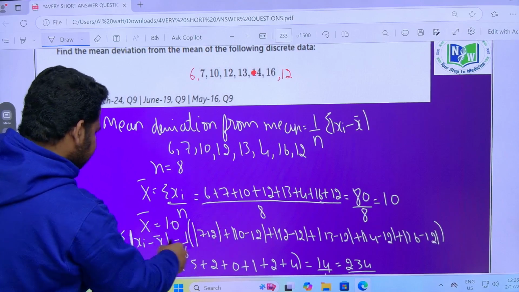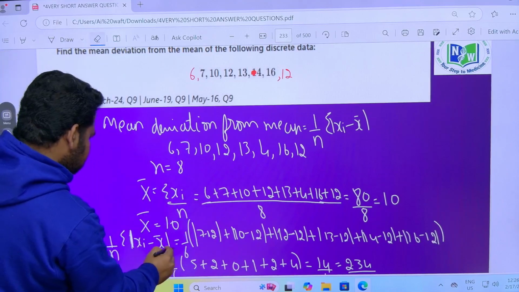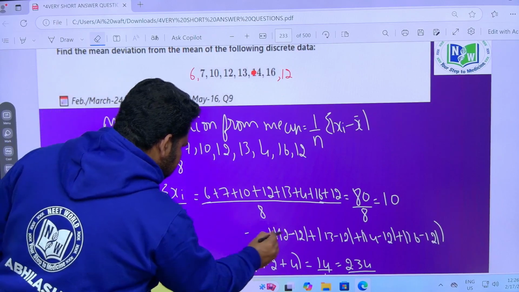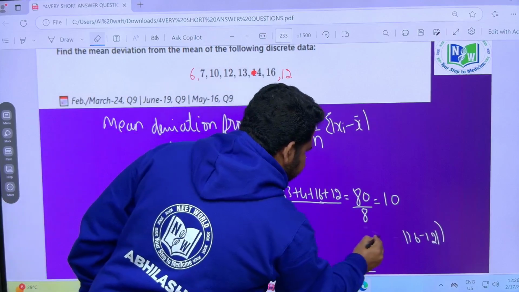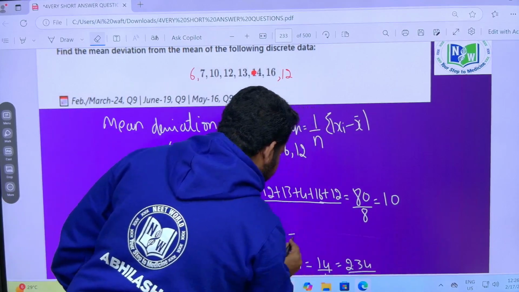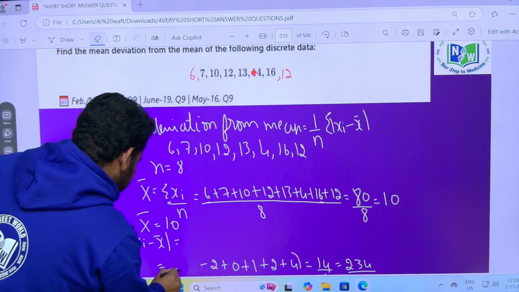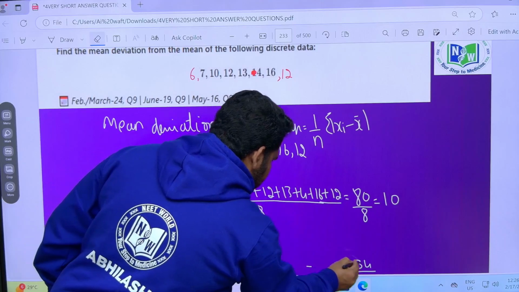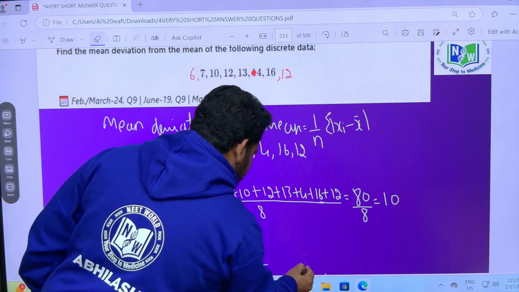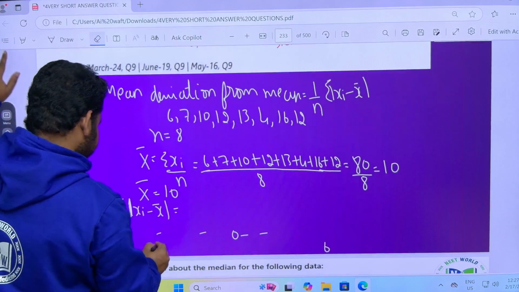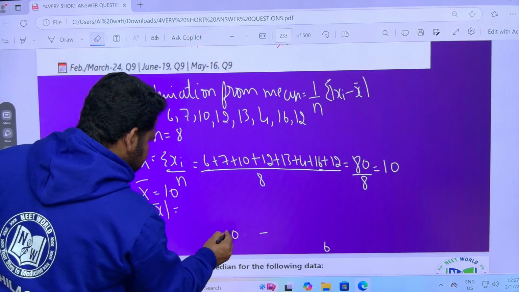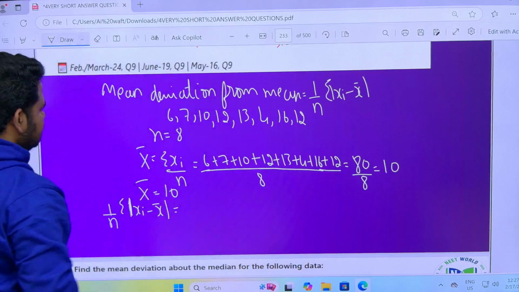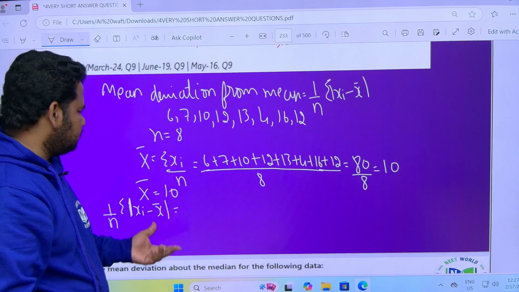So again this value will change. Let us write it again. Just a minute. So if mean is 10, what will happen to this?